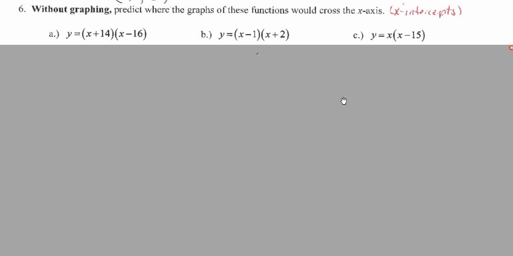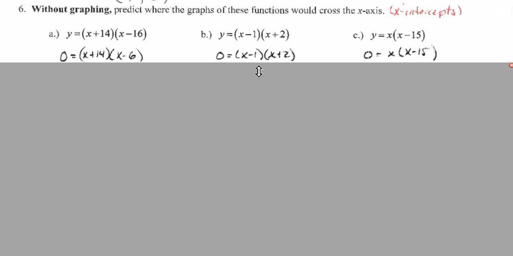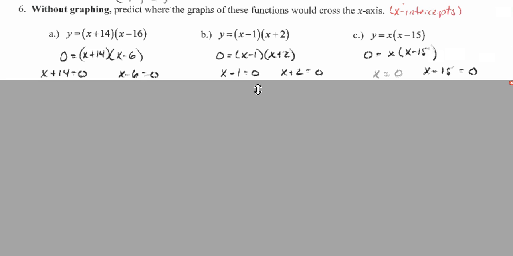And we can see that the quadratics have 2 factors. Our first function here has a factor of x plus 14 and x minus 16. The second one is a factor of x minus 1 and x plus 2. And our third one has a factor of x, or think of it as x plus 0, times x minus 15. If you take each factor and set them equal to 0, because x-intercepts have an output of 0, we should be able to find the values of our x-intercepts, the inputs.